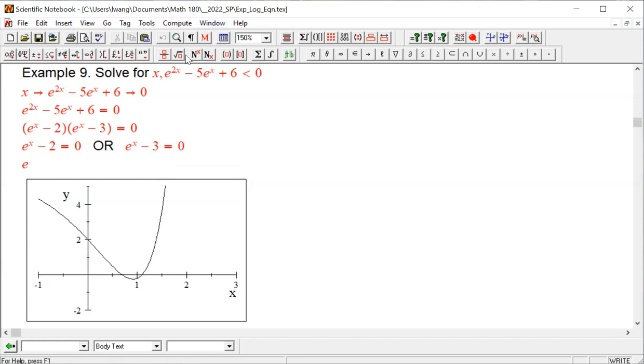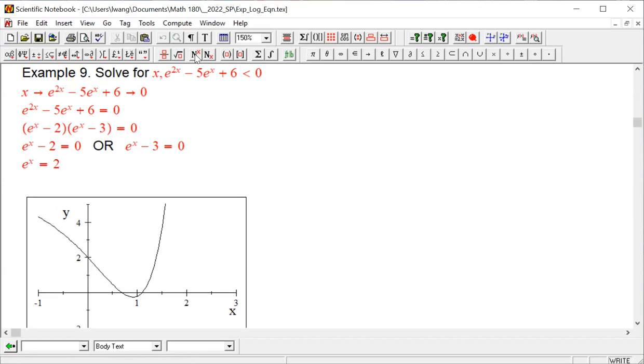From the first one, e to the power x equals 2, so x equals ln 2. And the next one, e to the power x equals 3.